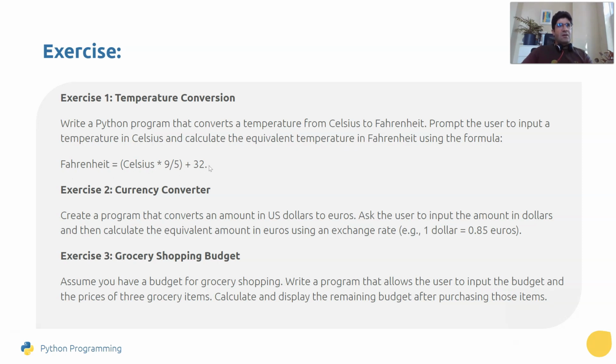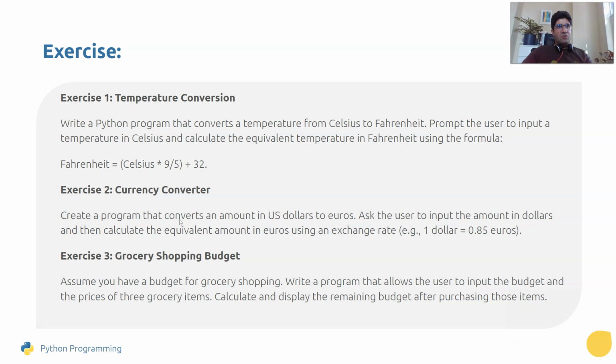And the equation is very easy. As you can see, you just need to get the Celsius from the user and multiply that value by 9 and divide that by 5 plus 32. The second exercise is currency converter.